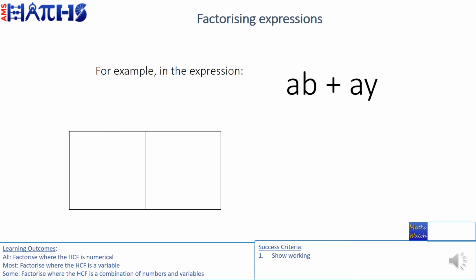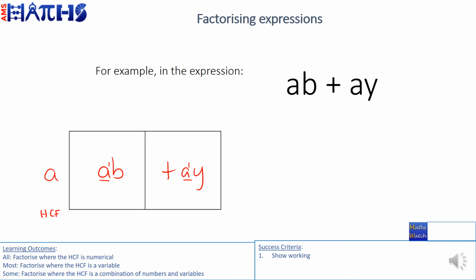Now we're going to put that into practice, and so we have our grid already drawn. We're just going to put the terms inside the box. We'll get ab and positive ay. Then we're going to look for our highest common factor. Now a is common to both, and they both have a power of 1, and so it therefore means that our highest common factor will just be a to the power of 1.